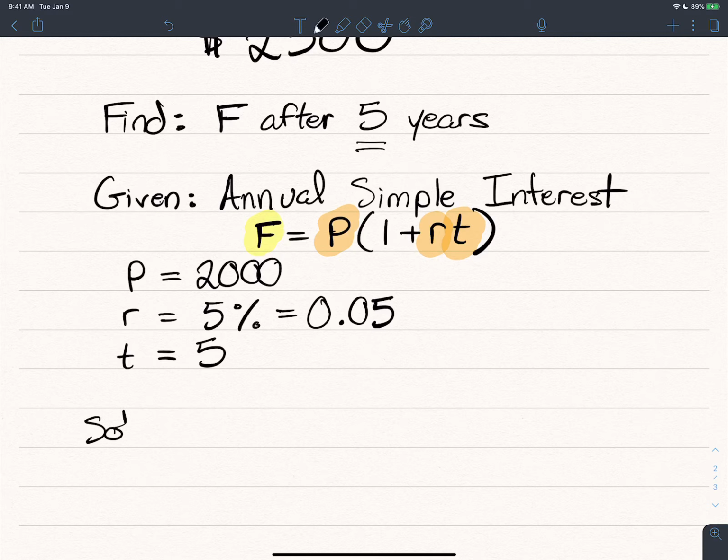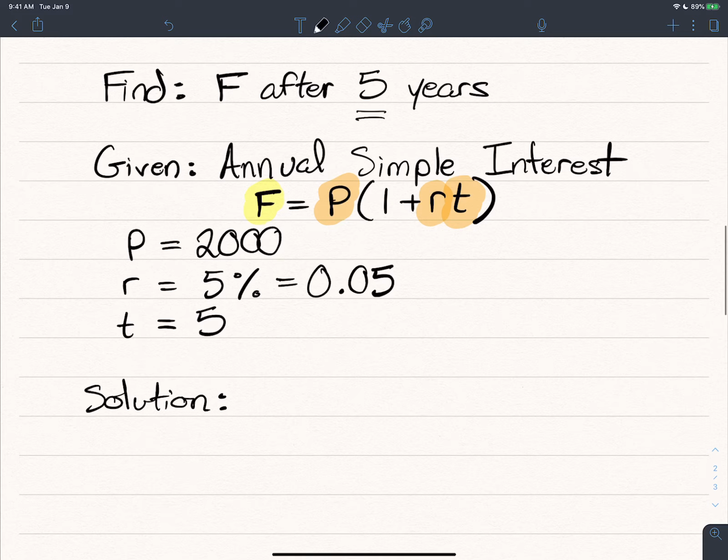Now for our solution, we don't even have to mess around with a table or anything like that. We can just plug these inputs into our function. This is going to go in here, this is going to go in here, and that's going to go right in there.